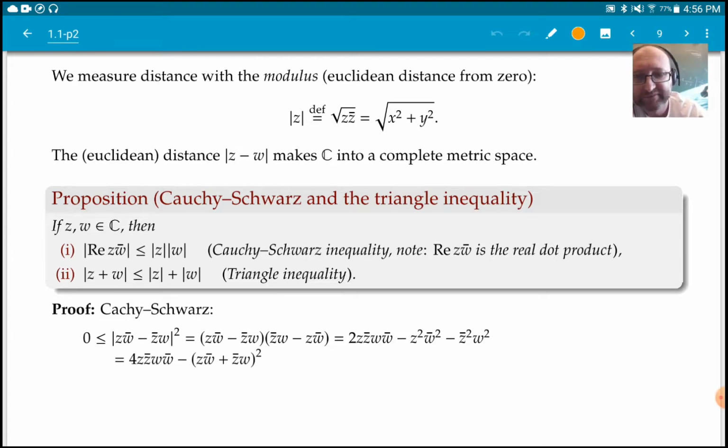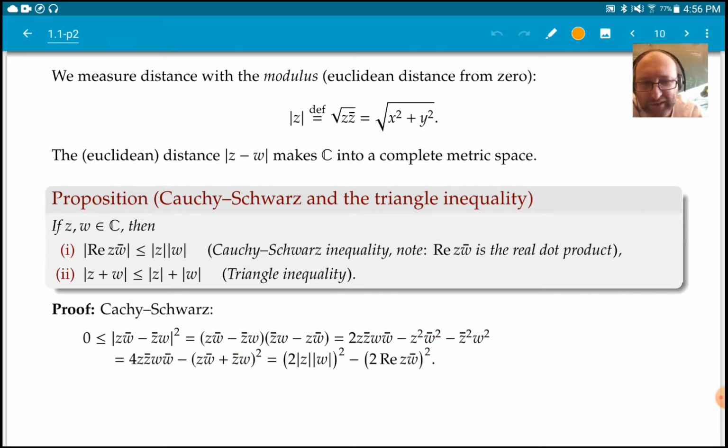Now that we've expanded it, I'm going to look at this and think, what if I could write it as this kind of a square? Well, that's not quite right. I get an error in there, but that's basically what I'm doing.